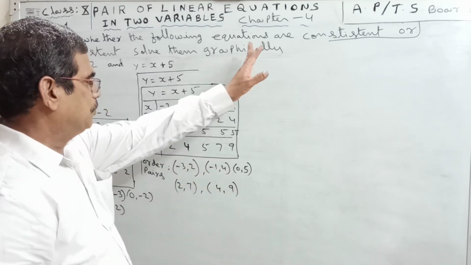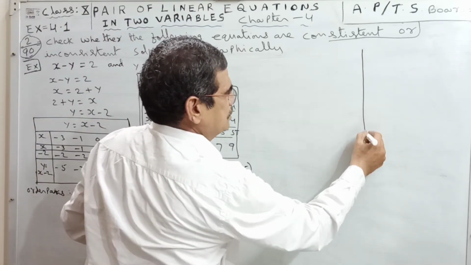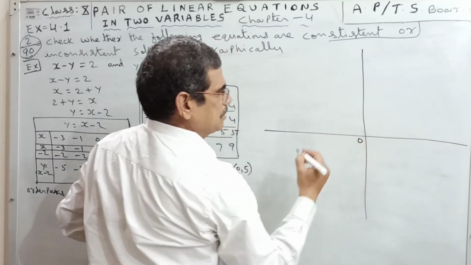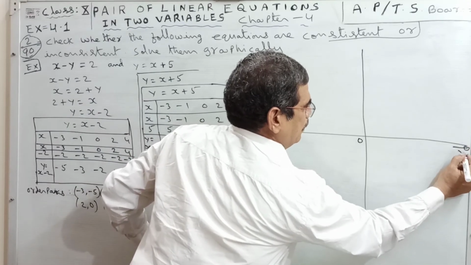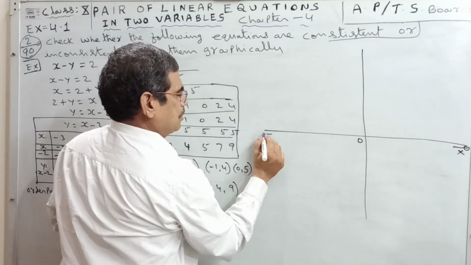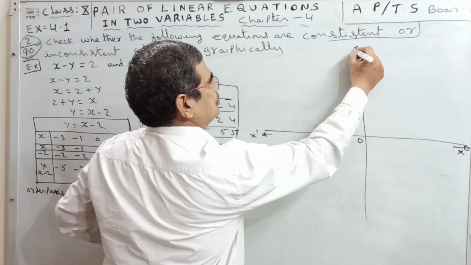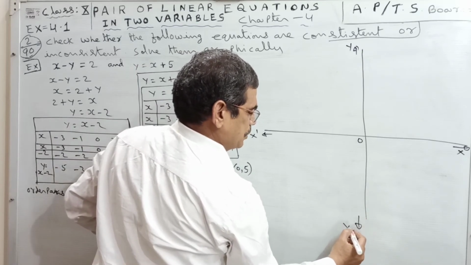So now I am going to draw this graph. This is the y axis, this is the x axis. Already you know very well, this is the origin. You have to put arrow marks like this, x towards the left side. This is also x dash, this is y dash.